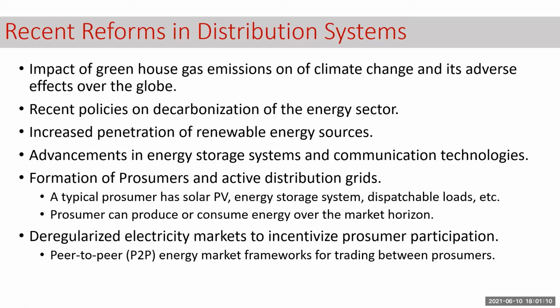Because of these changes, the traditional elements, or consumers as we call them, in the distribution system are no longer passive entities. They are more active with solar PV, energy storage systems, and dispatchable loads. So a new term has been introduced called prosumer, meaning an entity that can produce or consume at a particular time interval depending on its preference.